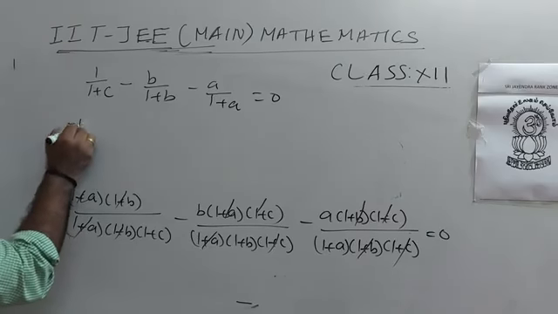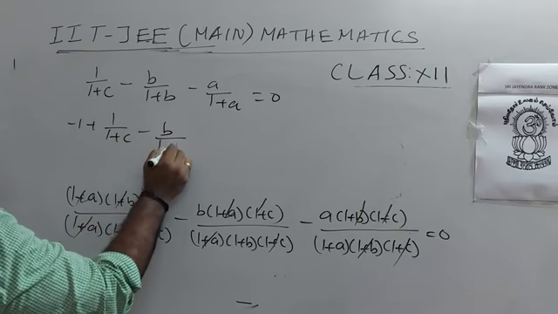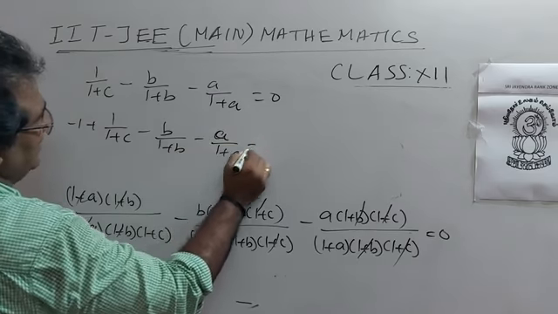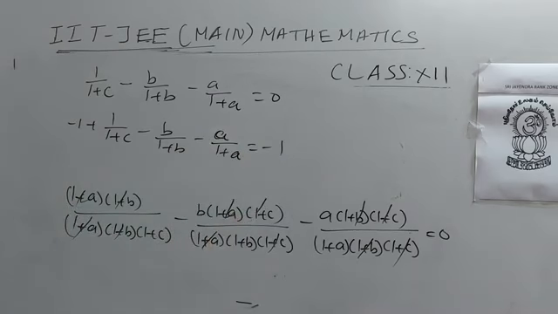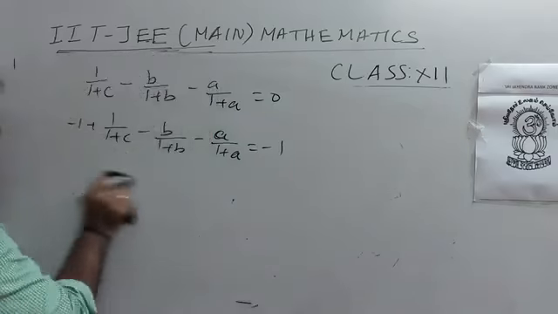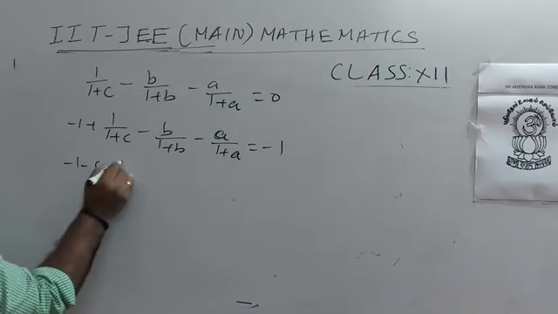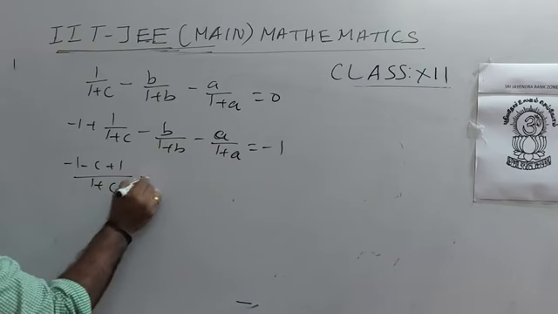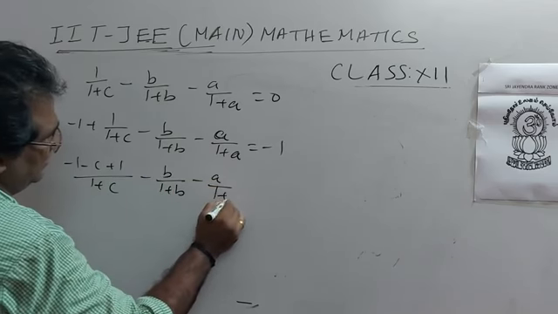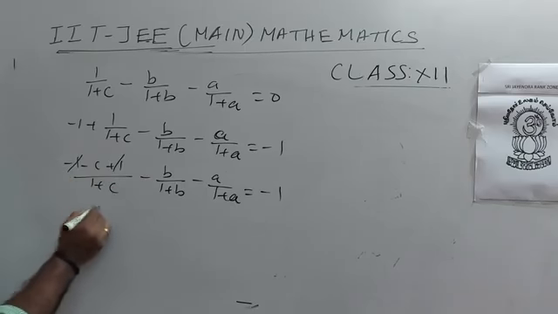Adding minus 1 on both sides, minus 1 plus 1 by 1 plus c minus b by 1 plus b minus a by 1 plus a equal to minus 1. Minus 1 plus 1 by 1 plus c is minus c by 1 plus c, so this will be cancelled.